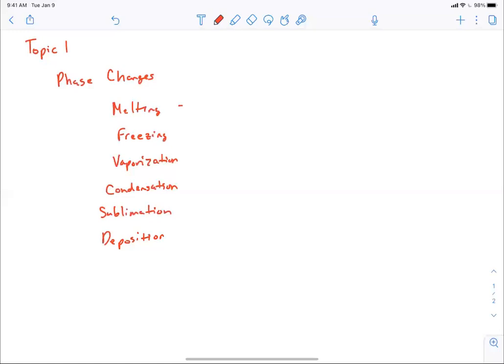Melting, of course, is from solid to liquid. Freezing is liquid to solid. Vaporization is liquid to gas, but you have differences in boiling and evaporation.